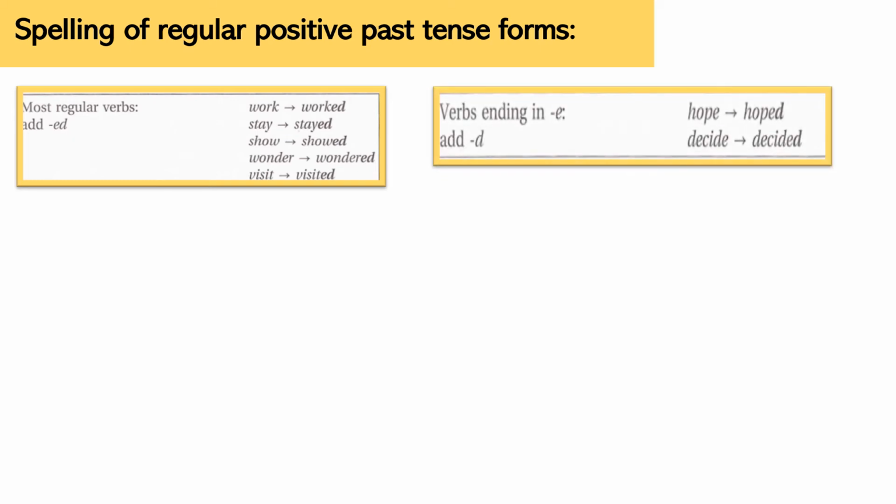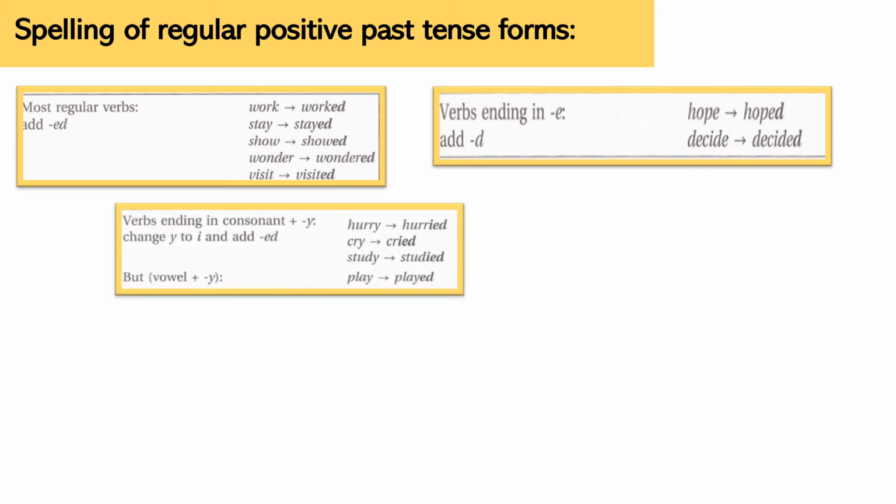Verbs ending in e only add d. Hoped and decided. Verbs ending in consonant plus y, they change y to i and add ed. Hurried, cried, studied. But notice, if there is a vowel plus y, you only add ed.